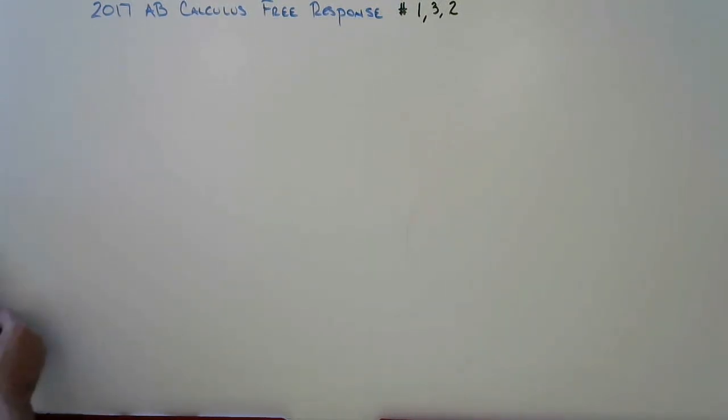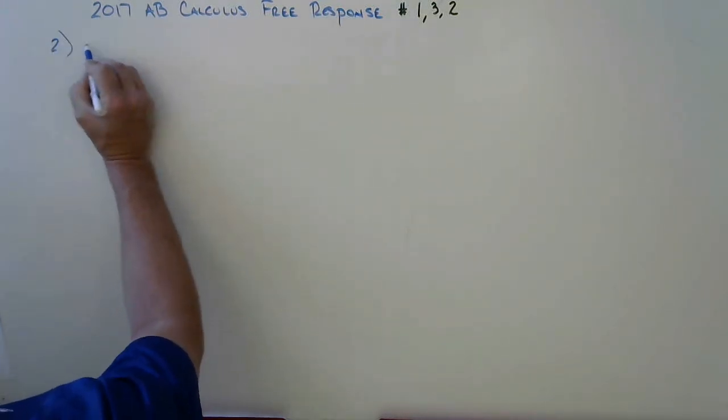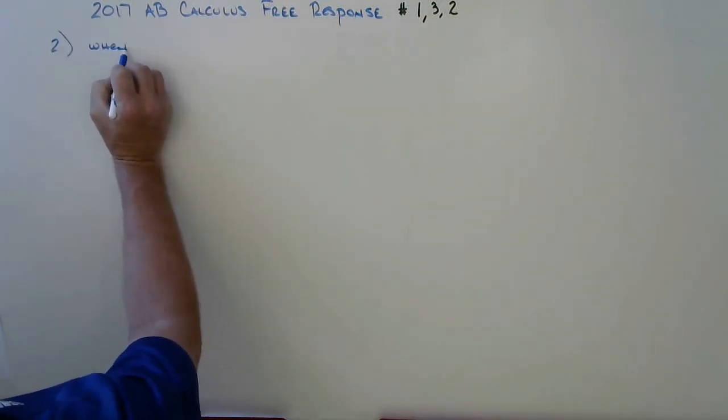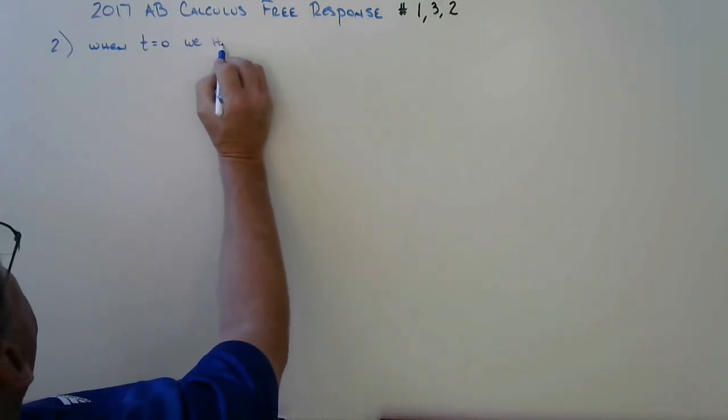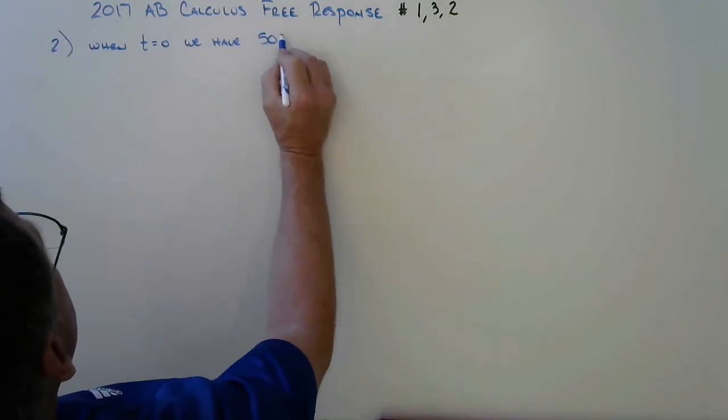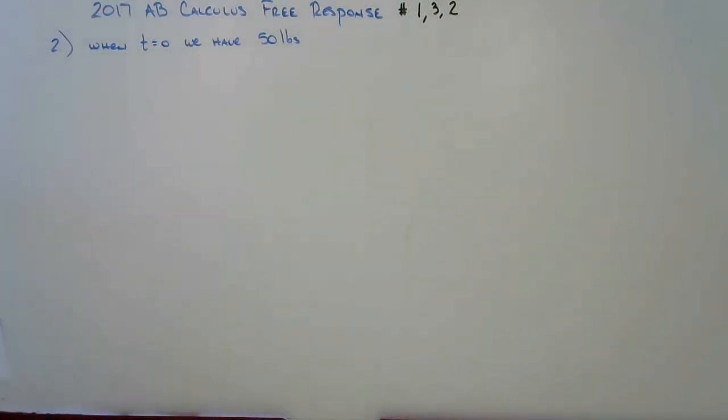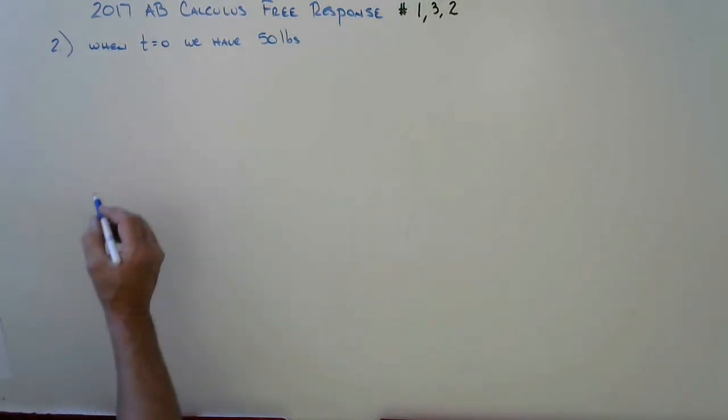So what does our problem 2 ask us to do? We have a grocery store, and it opens, it has 50 pounds of bananas on display. So this is number 2. When time equals 0, because that's when we open, we have 50 pounds of bananas on display. Now, customers remove the bananas from the display table at a rate.